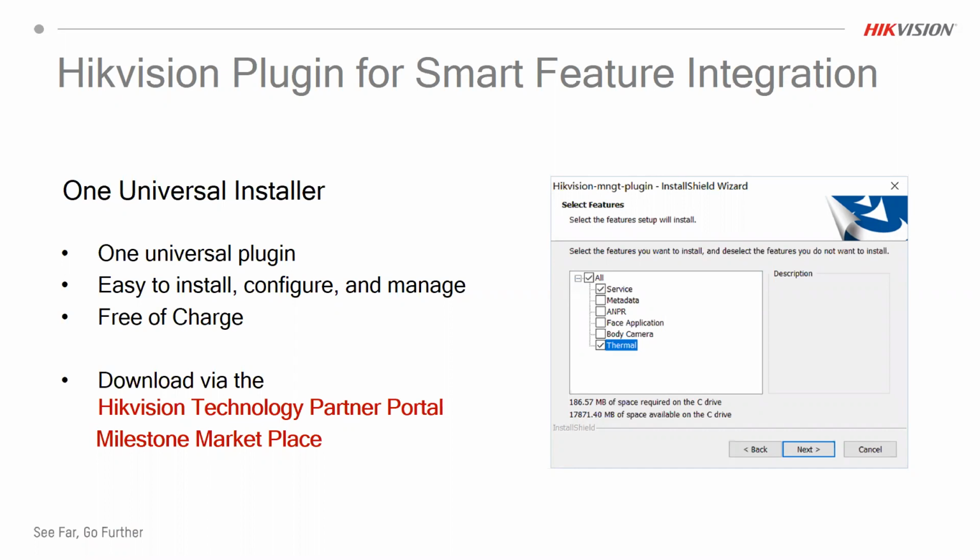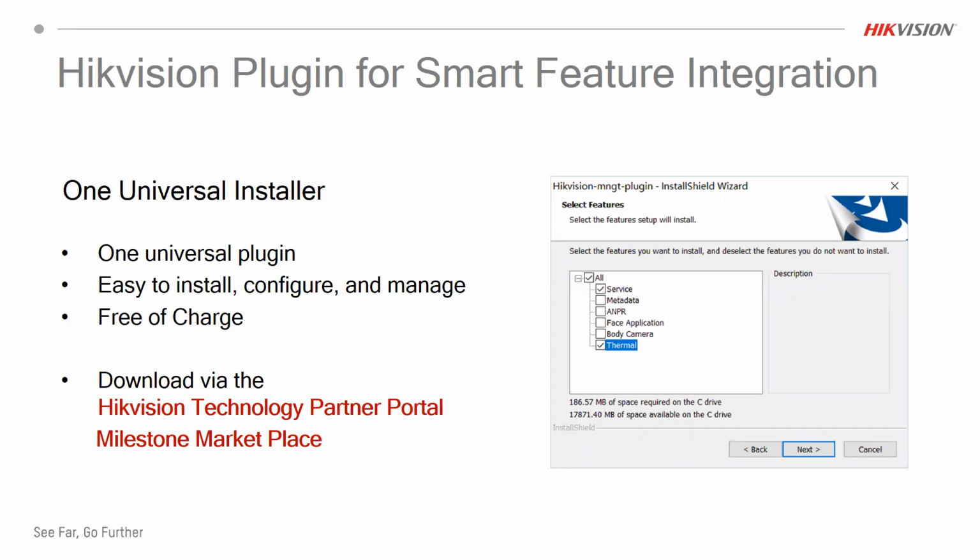Simply select the features you wish to enable when installing, and best of all, it's all free. As mentioned by Mike, the plugins are available in the Milestone marketplace. Just search for Hikvision and they will come up.